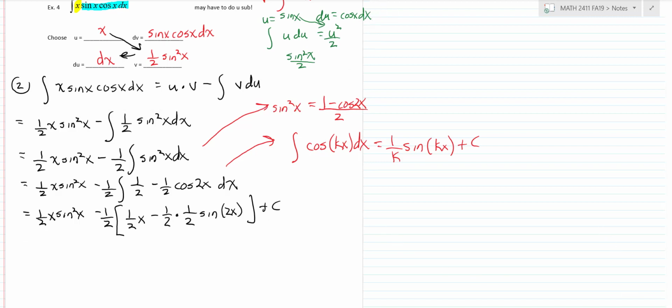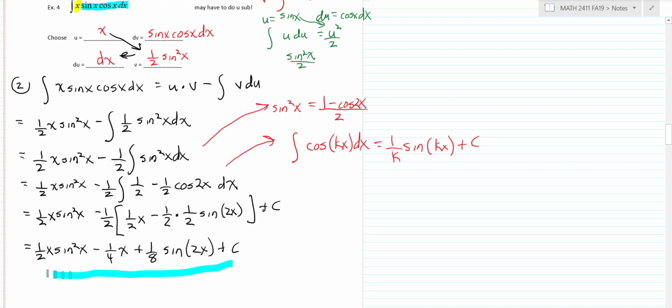There we go. 1/2 x sine squared x comes down. And then I'm just going to multiply this out. So that would be 1/4 x. And then you have a negative negative. A half times a half times a half is an eighth. Sine of 2x plus c, so that should be the final answer to your integral right there.